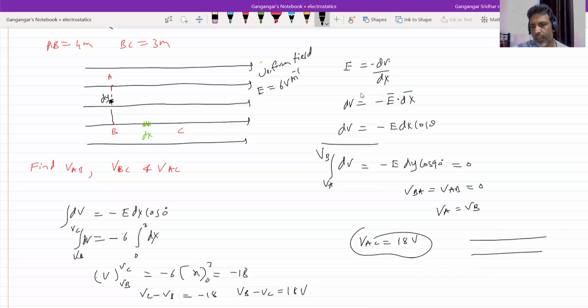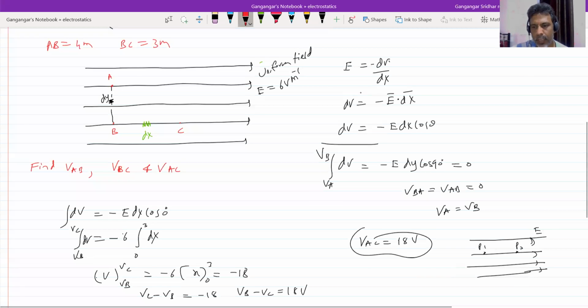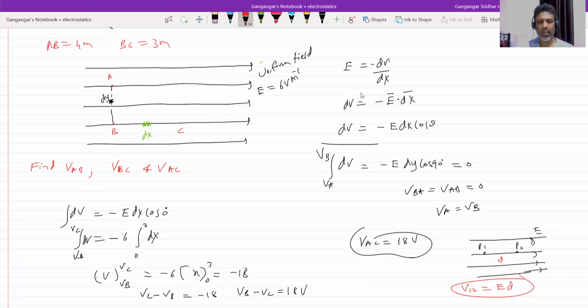If the field is uniform and there are 2 points, say P1, P2, and the separation between them is D, what is the potential difference? V12 is equal to E into D. Do you agree with this? This is very important.